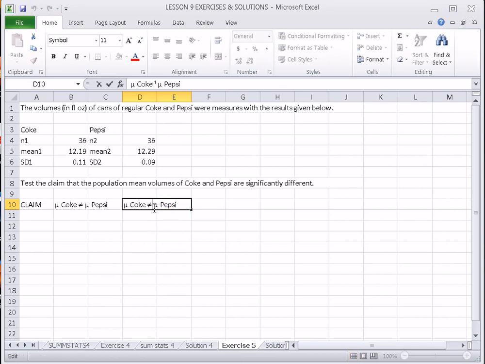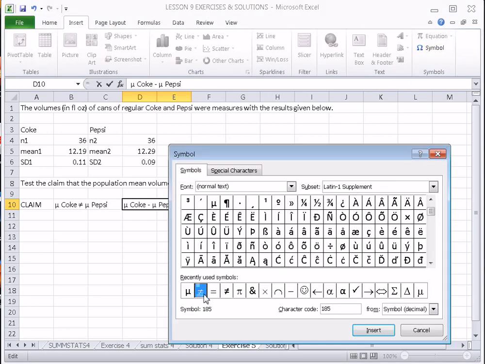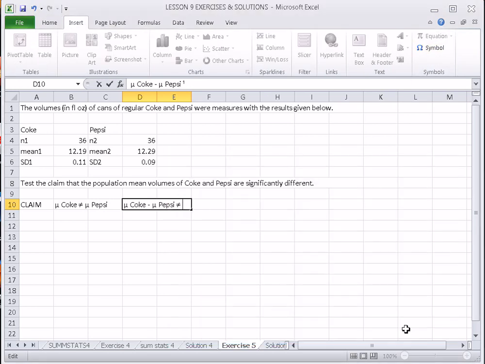This time we want their difference does not equal 0. This is the claim. The claim is that the population mean volumes are significantly different. So the mean for the Coke is not equal to the mean of the Pepsi, or likewise, the mean of the Coke minus the mean of the Pepsi is not 0.